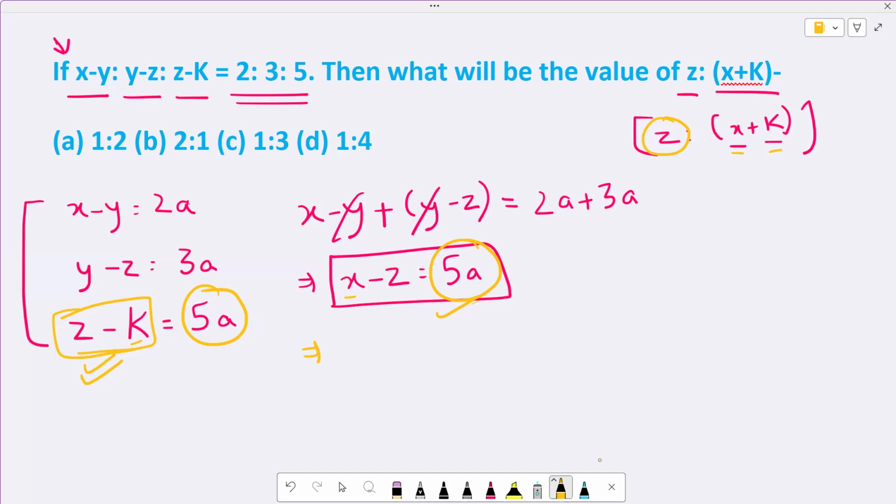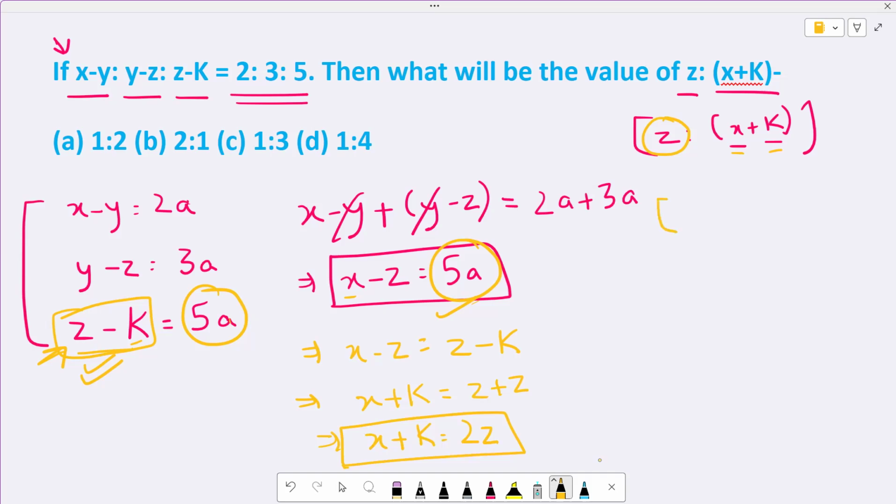So x minus z will be equal to z minus k, since it is already given, right? We just created these ourselves with the variable a, so as to show that these are specific numbers. On equating, we get x plus k is equal to z plus z, which will be equal to x plus k is equal to 2 times z. So 2z will be equal to x plus k.